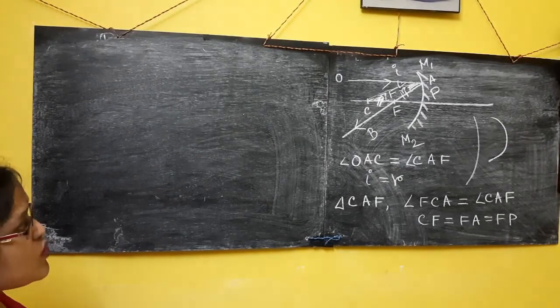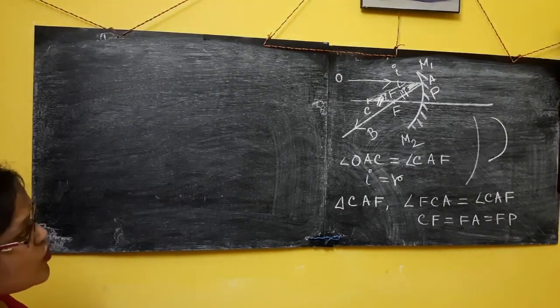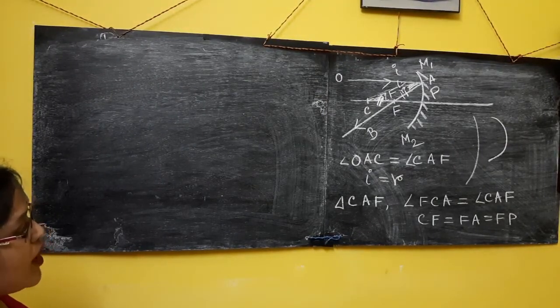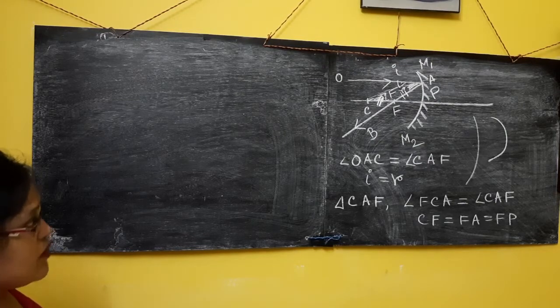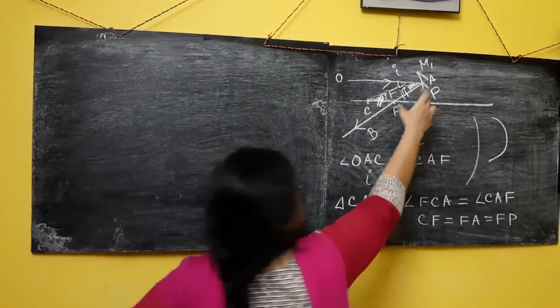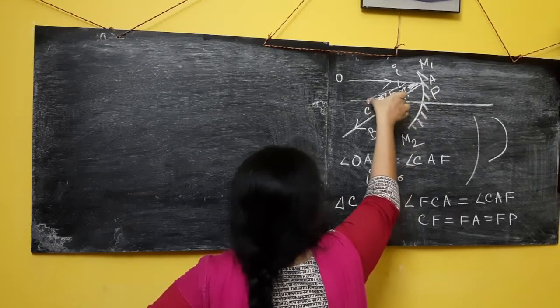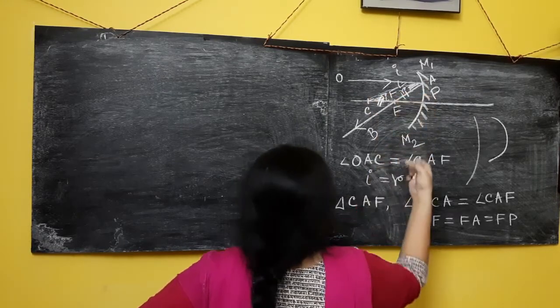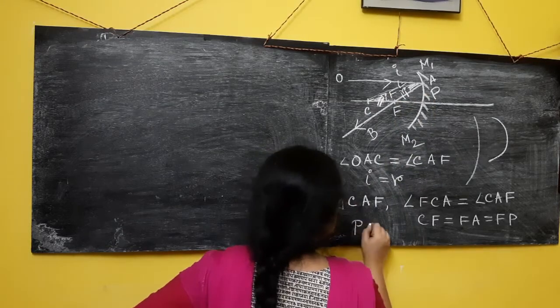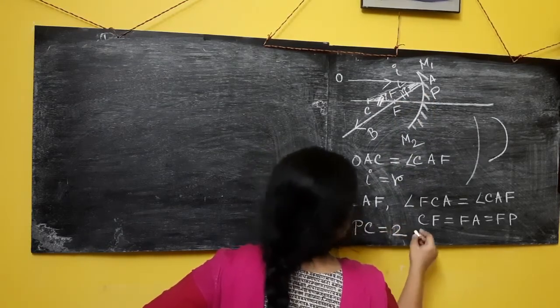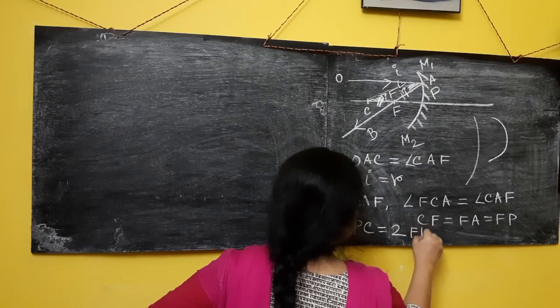Now if CF equals FP, then FA is equal to this, and CF equals this one. So what can I write? PC equals twice of FP.